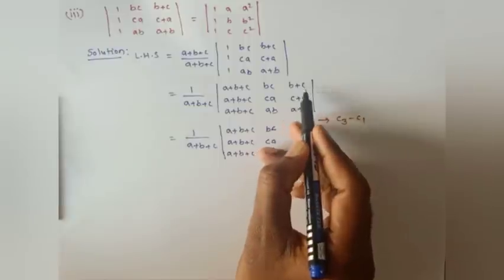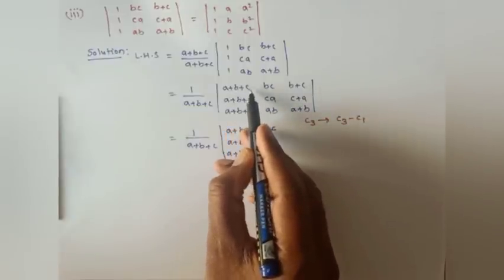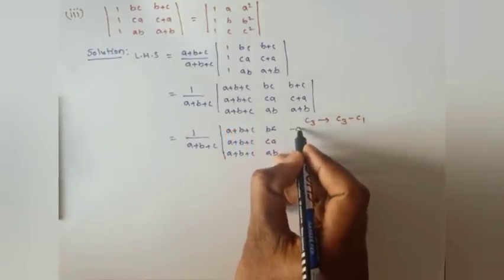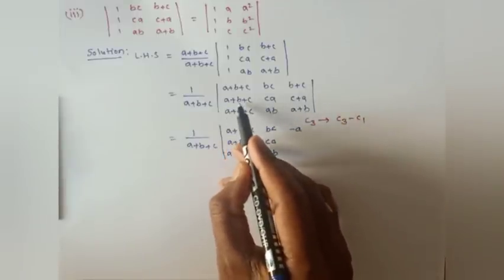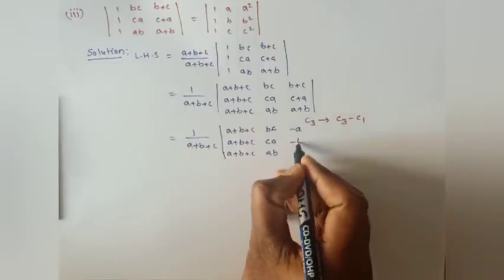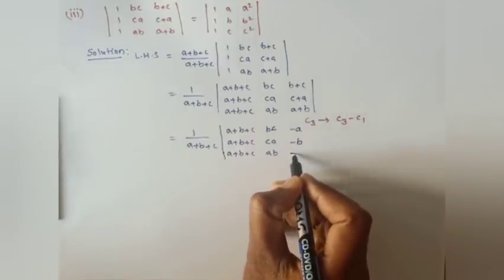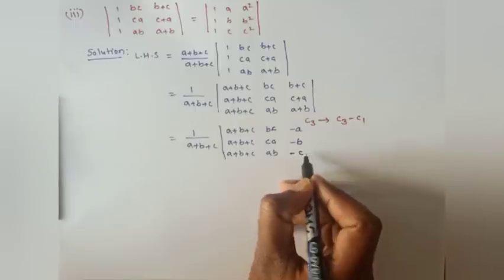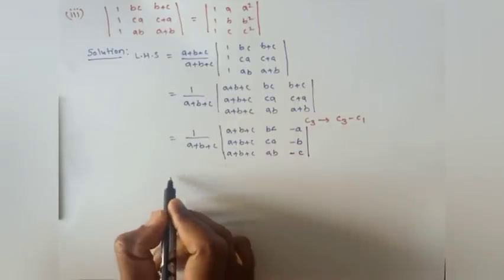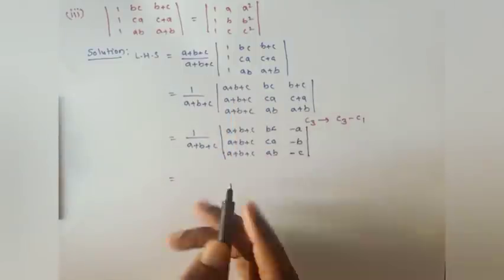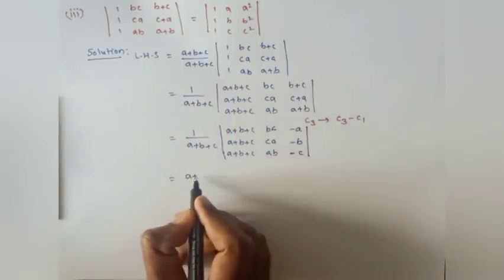So b plus c minus a minus b minus c gives only minus a. Here c plus a minus b minus c gives minus b, and similarly here it is minus c. Now next, from the first column a plus b plus c is common.